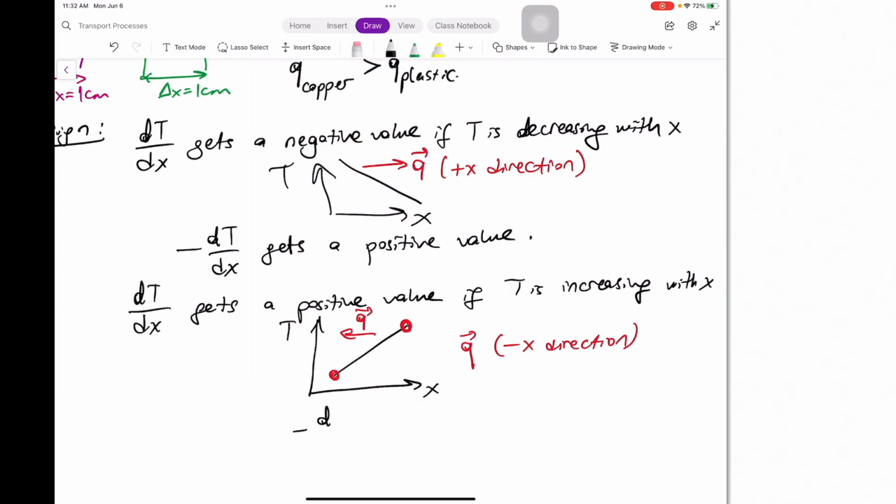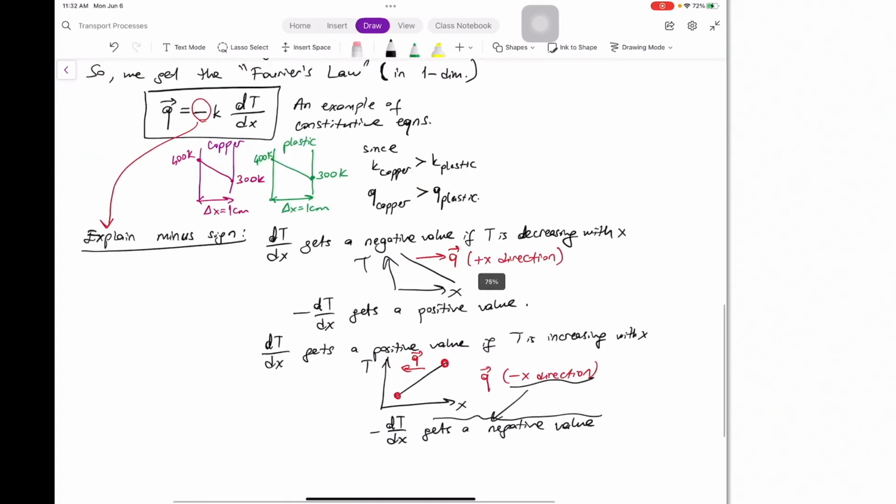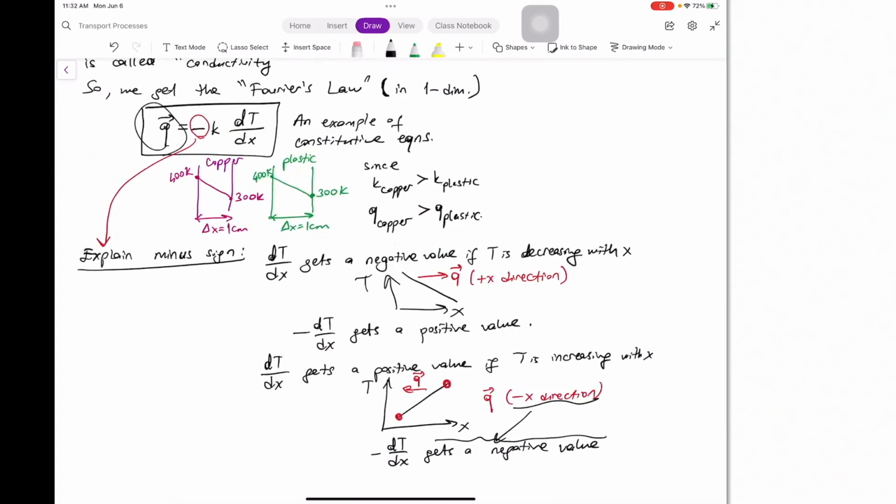So minus dT over dx gets a negative value, similar to the q. So we want the left and right hand side to be the same sign. That's why we put a negative sign there. Any questions so far?